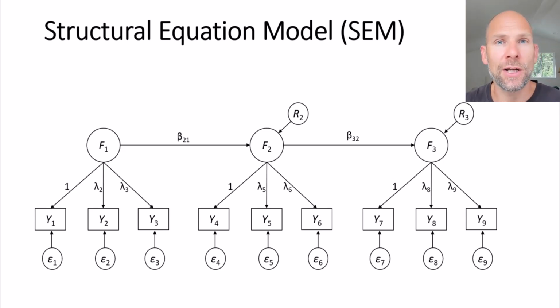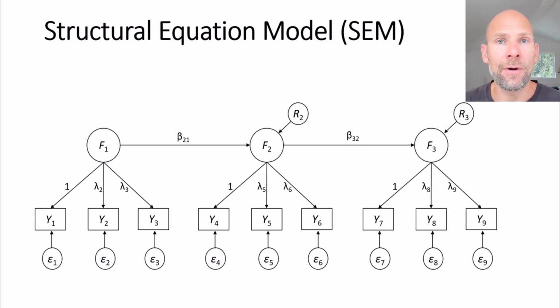Whereas in a structural equation model we do have endogenous variables in addition to exogenous variables. So in this case f2 and f3 are endogenous variables or dependent variables. Their variances are explained in the model, whereas factor f1 is an exogenous variable whose variance is not explained by other variables. That's why f1 does not have a residual variable r1, because it's not an endogenous variable. f2 and f3 are endogenous and therefore come with residual terms.